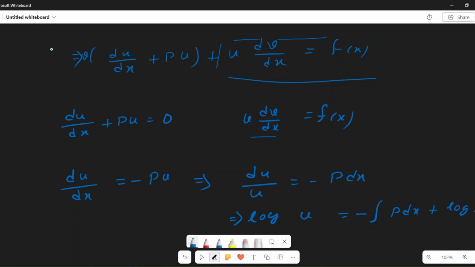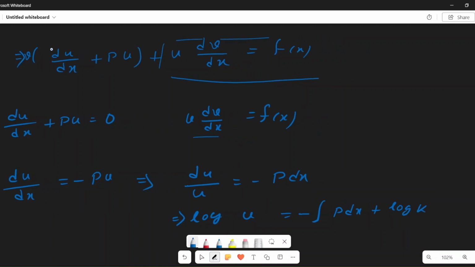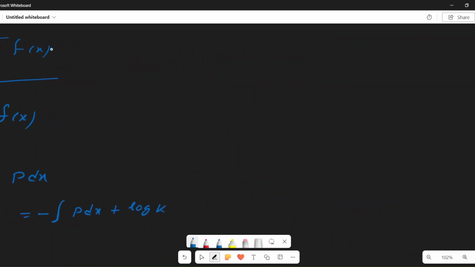That log k is the integrating constant. So from this, u can be written as k e to the power minus the integration of p dx.